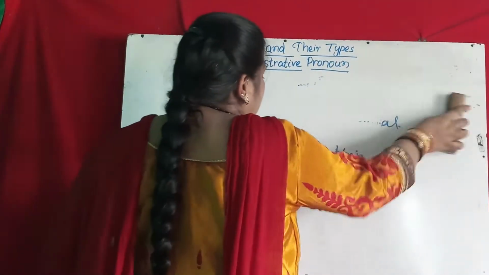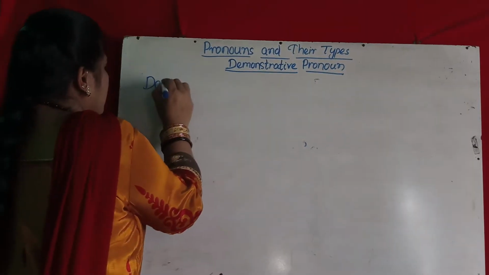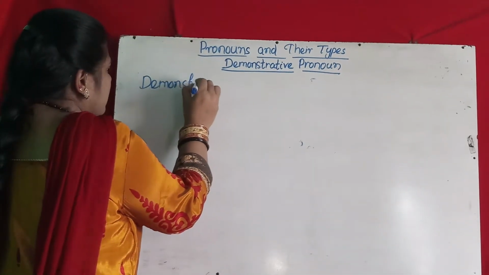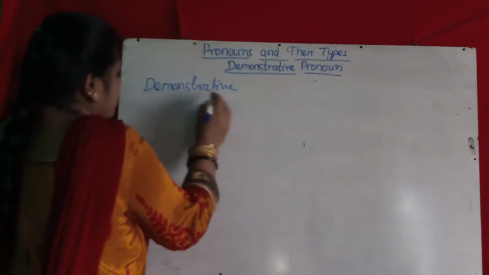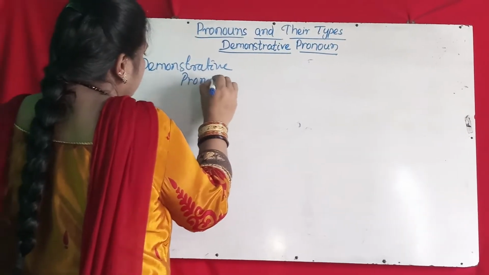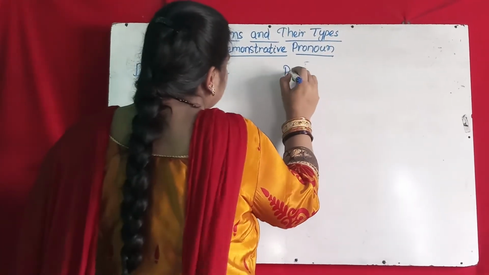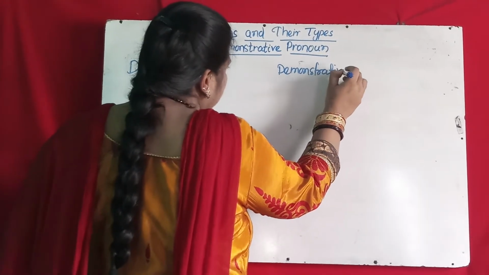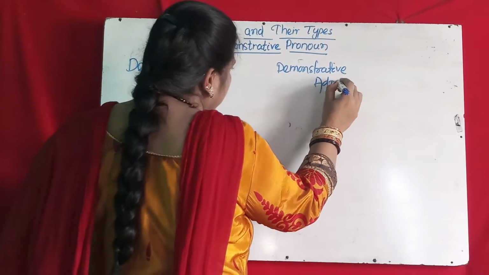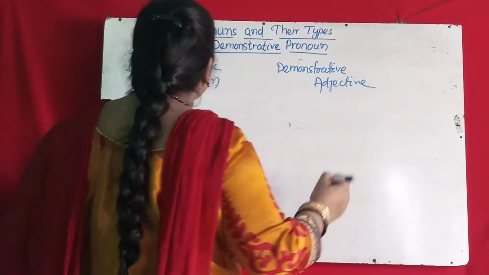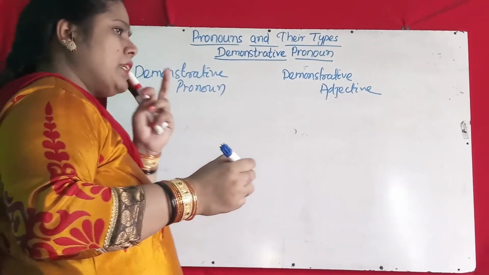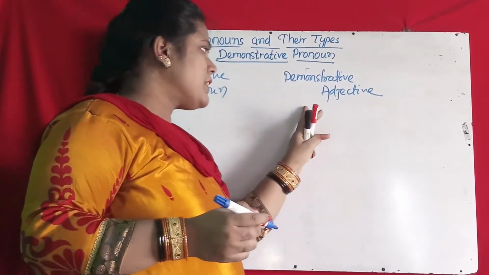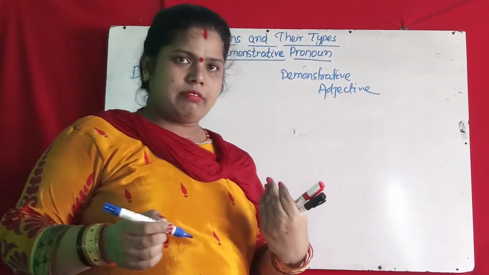Again, these words may be called a demonstrative pronoun or they may be called a demonstrative adjective. So how? A demonstrative pronoun is used in place of a noun, but a demonstrative adjective is used before the noun.